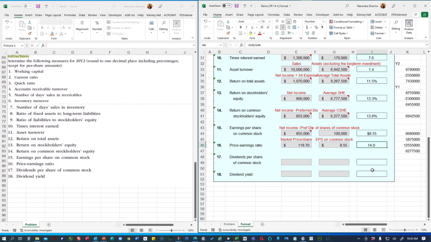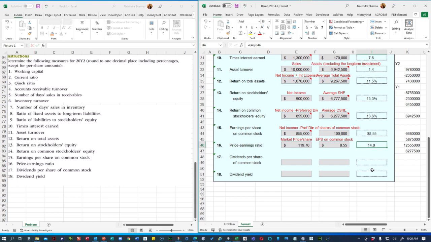Now what does it mean? It indicates that the investor had to invest $14 in the stock of this company in order to receive $1 in the earnings. So that's the interpretation. So to get $1, you have to invest $14.